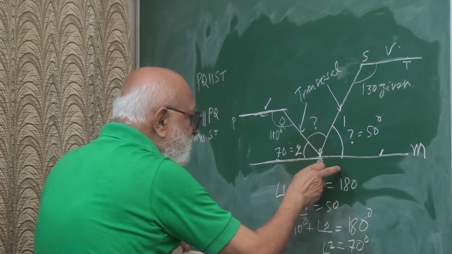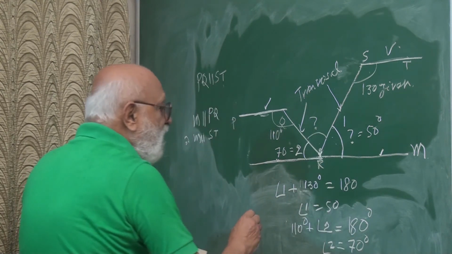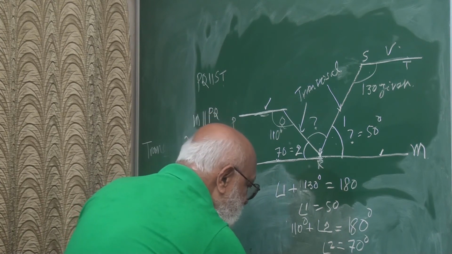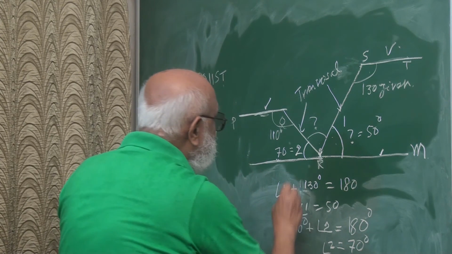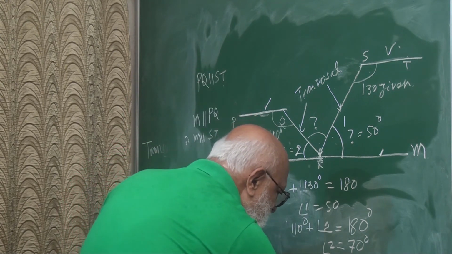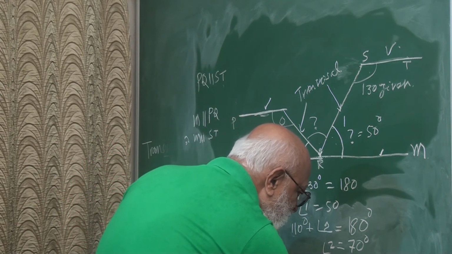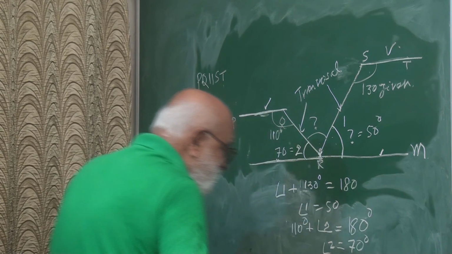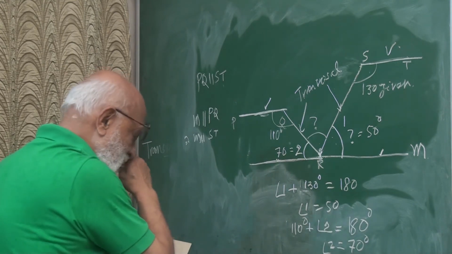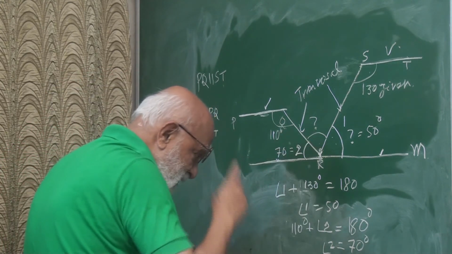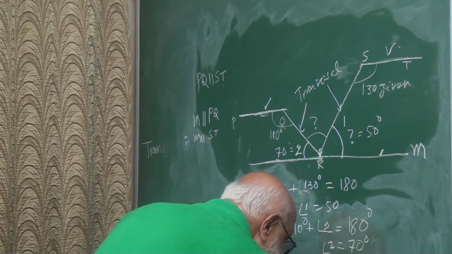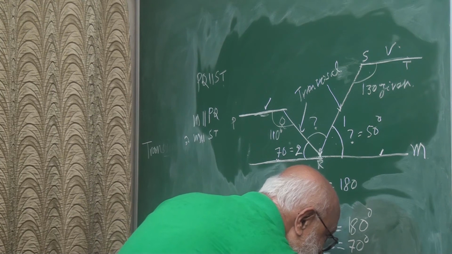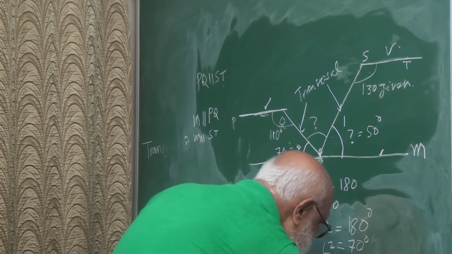So I have 70 plus 50 plus this angle QRS, which I have to find out, is equal to 180 degrees, because this is a straight angle.